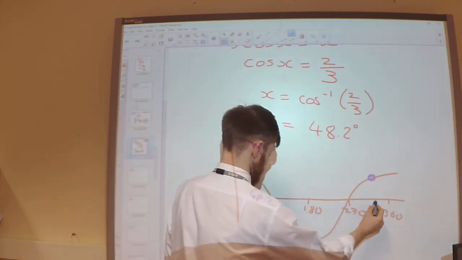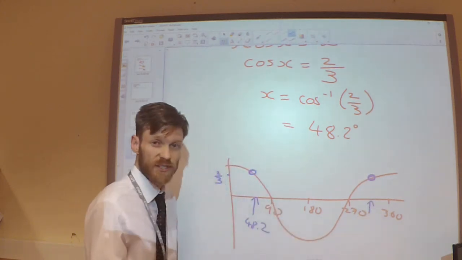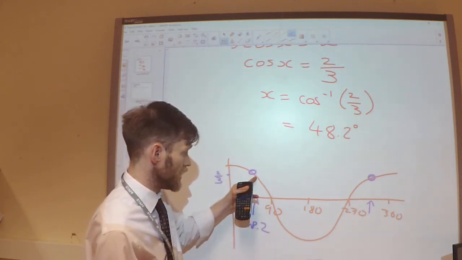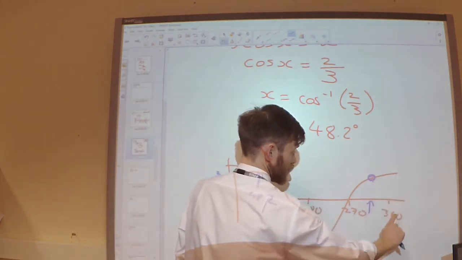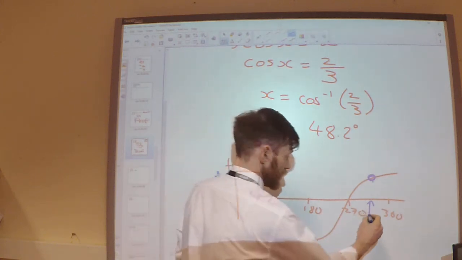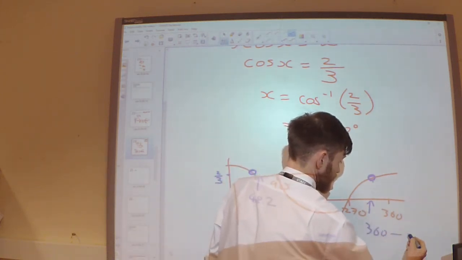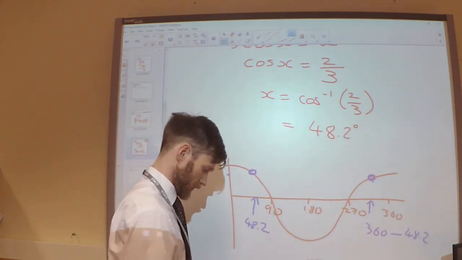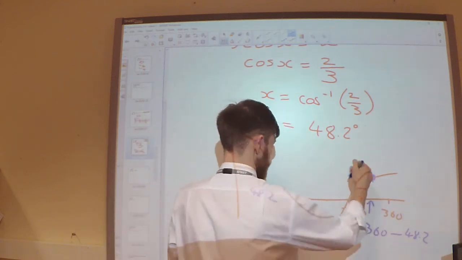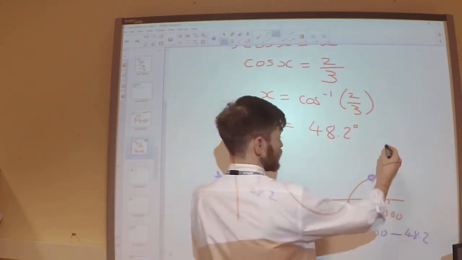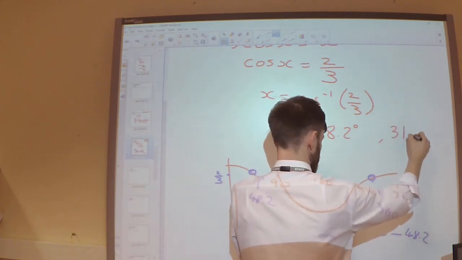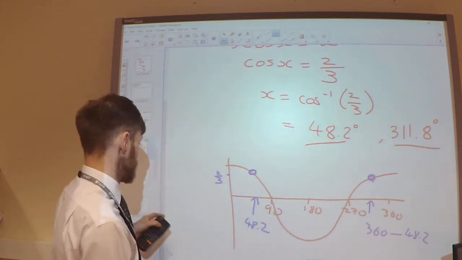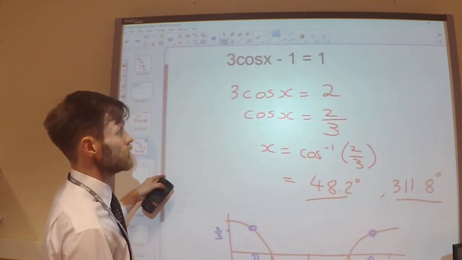And so this solution here, using the symmetry of the graph, if it's 48.2 degrees away from 0, it's going to be 48.2 degrees away from 360. So if I work out 360 take away 48.2, I am going to get my second answer, which is 311.8 degrees. So those are my two solutions to that equation.